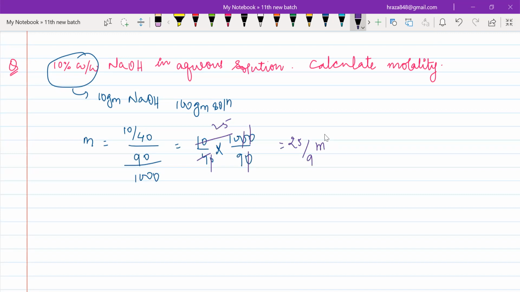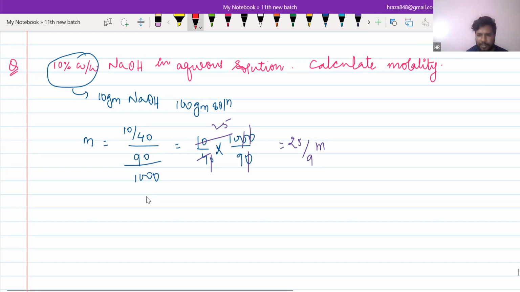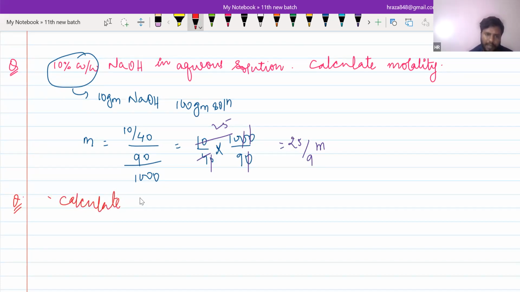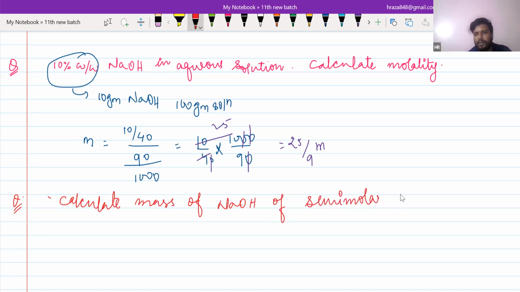Okay. So now another question I'm going to give. Calculate the mass of NaOH of semimolar solution having 500 centimeter cube of solution.